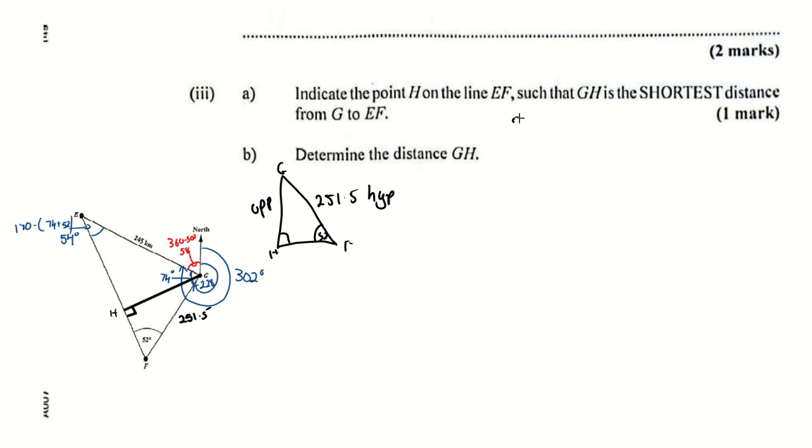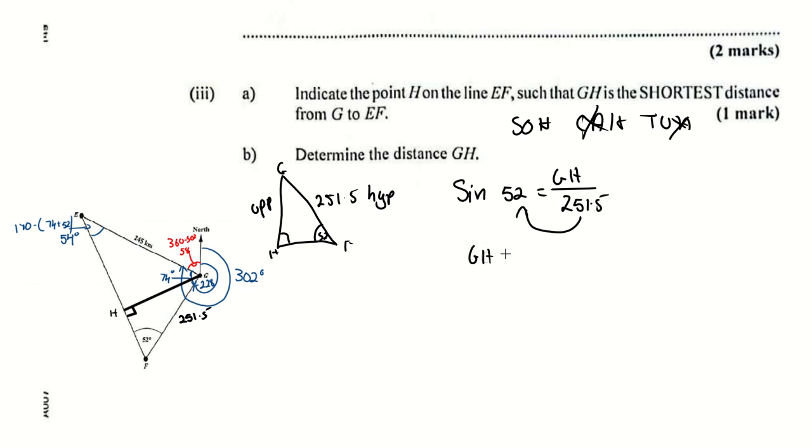So you will put SOH CAH TOA, right? We don't have the adjacent, so anything with adjacent, so CAH is out. So it'll be sine 52 equals GH, because that's what we're trying to find out, over 251.5. You want to find GH, you carry this across, so GH would be 251.5 times sine 52.